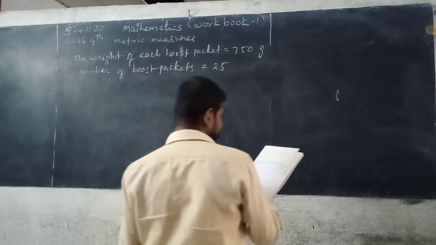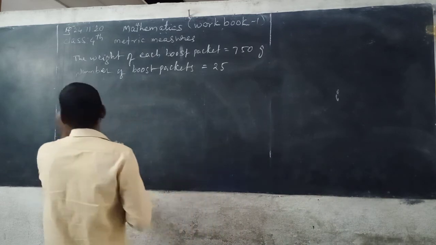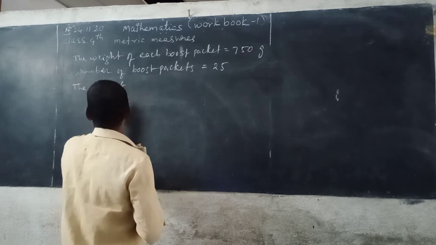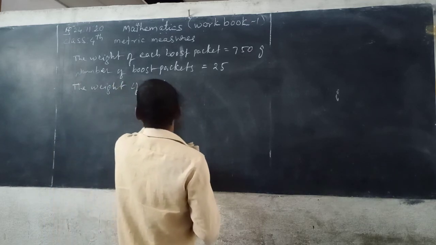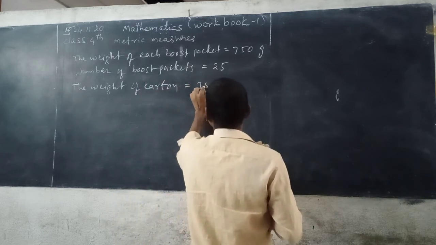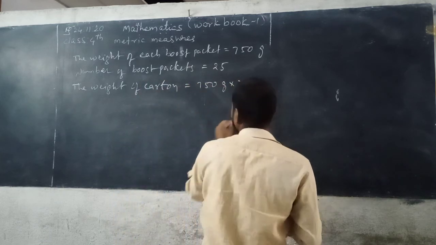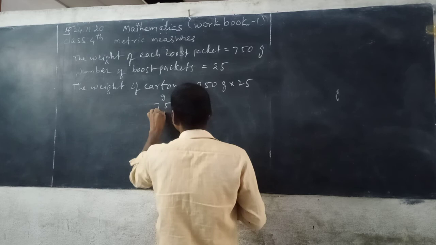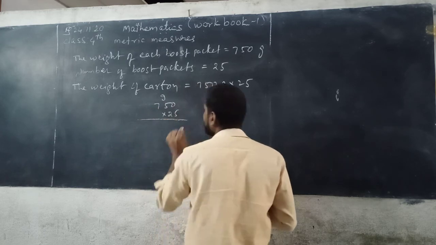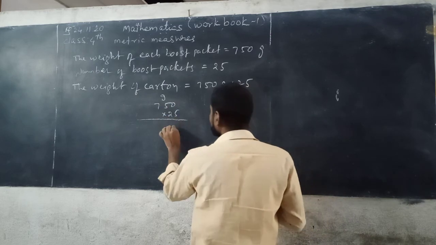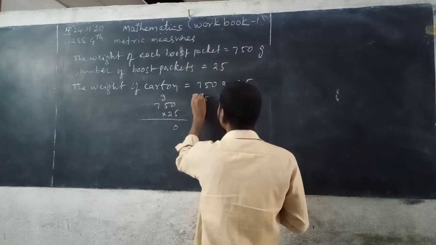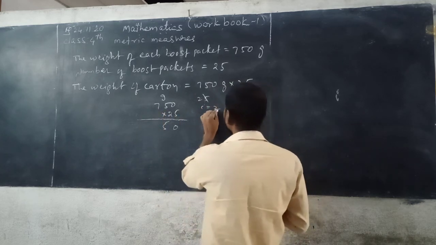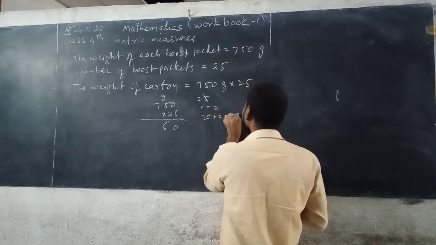Now you can find out the weight of cotton. So therefore the weight of cotton is equal to 750 grams into 25. See here, 750, this is only grams, into 25. 5 fives are 25, write 5, carrying 2. 5 sevens are 35, 35 plus 2, you can get 37.